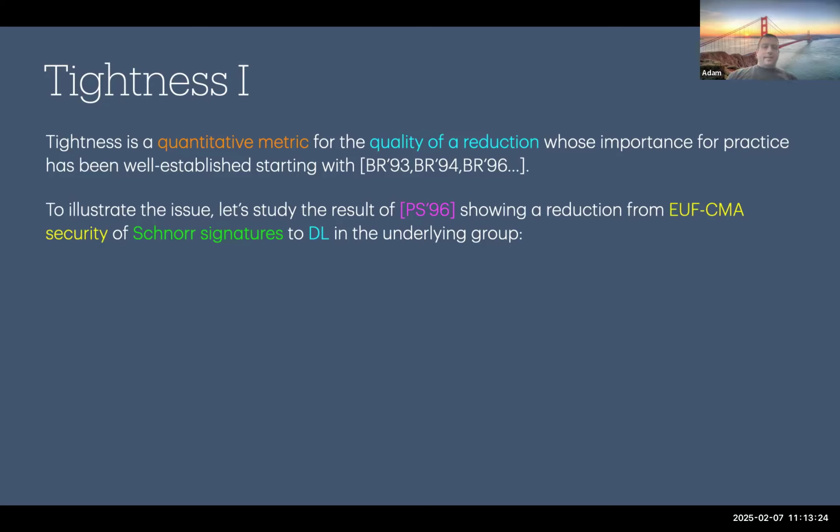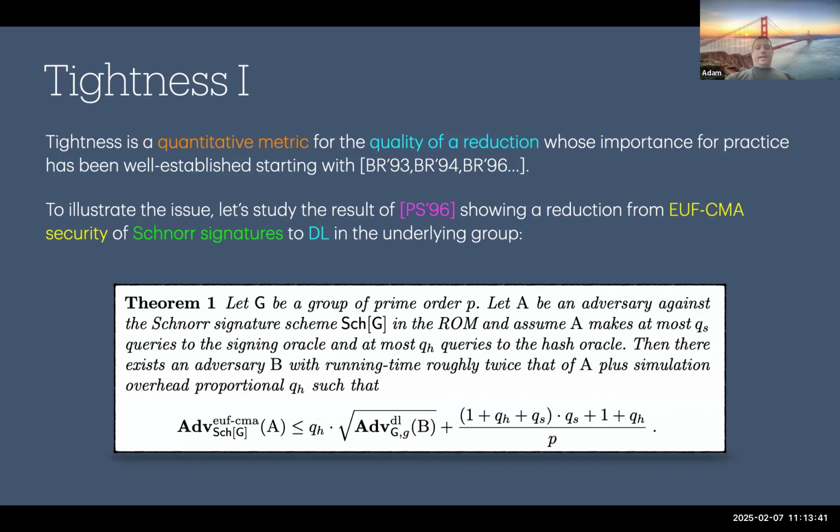So this is a classical result. When Schnorr was first proposed and used with Fiat-Shamir, there was no security proof. It came only in '96 by Pointcheval and Stern, who had a security proof in the ROM. They gave this theorem, so let me explain it.